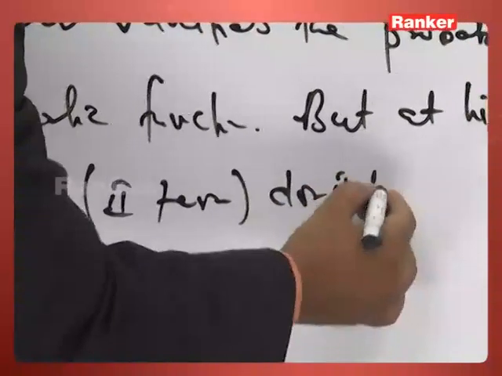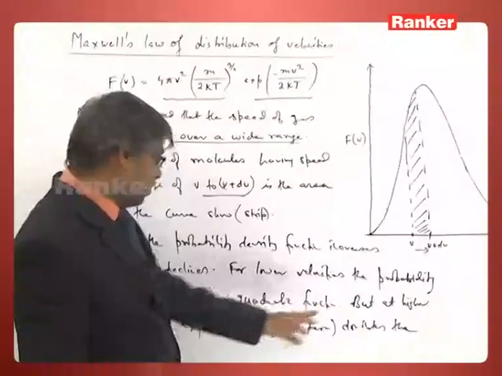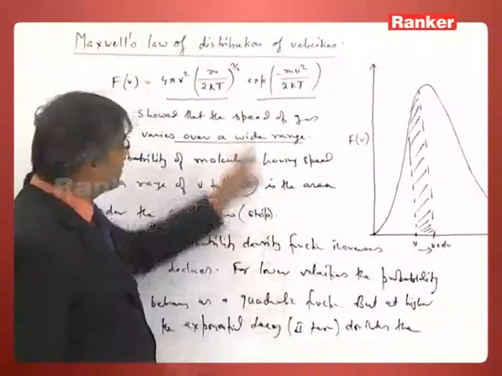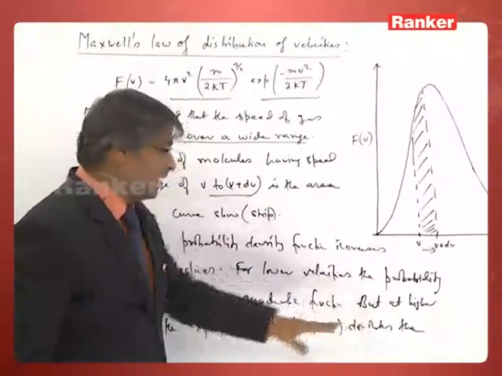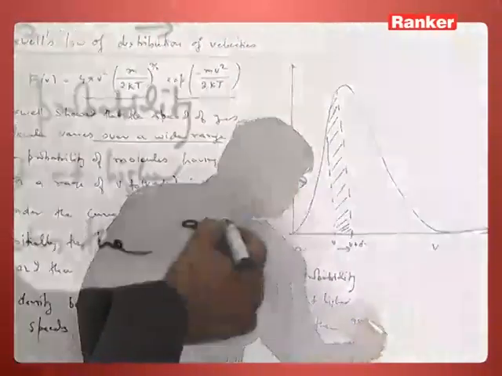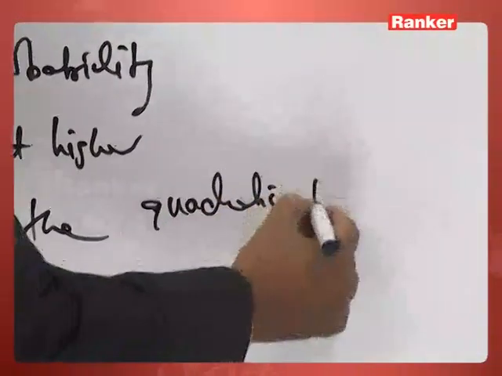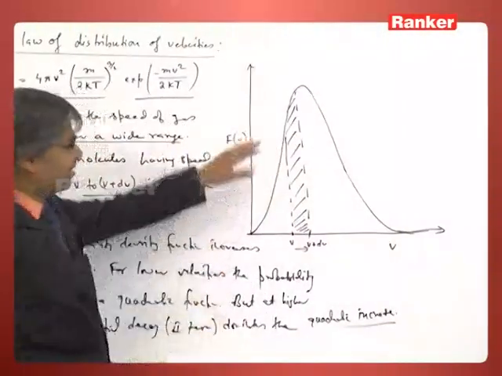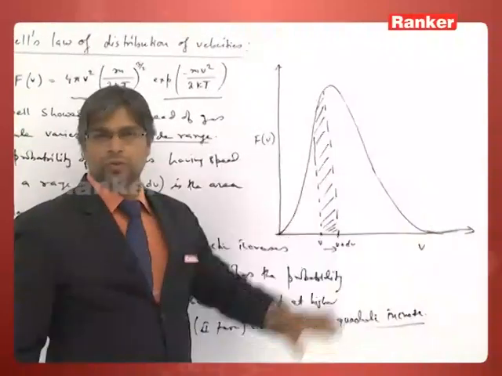At higher speeds the exponential decay, that is the second term, dominates the quadratic increase. As a result, the curve goes down.